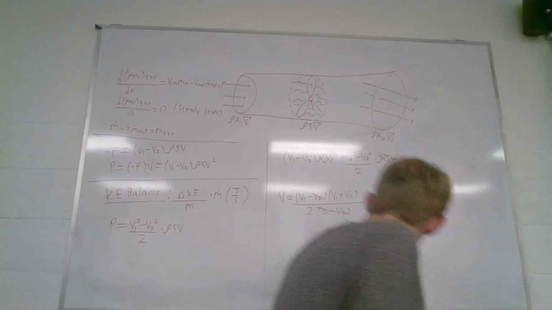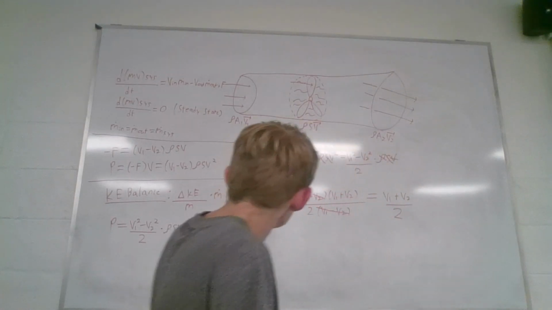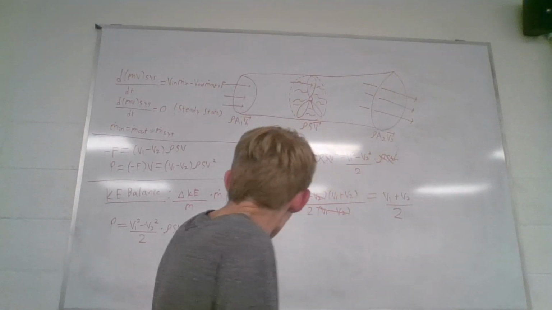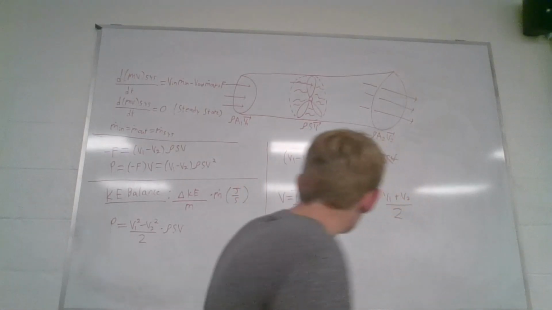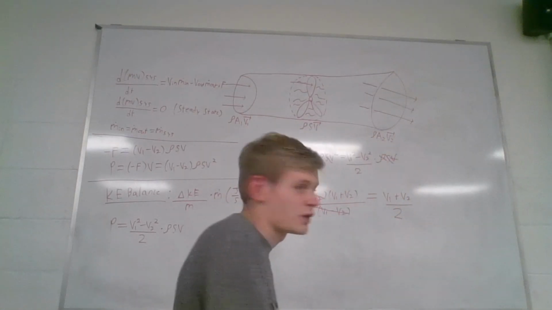As you can see, the velocity in the middle is almost the average between these two, and that's how this relationship between these two velocities is working together.